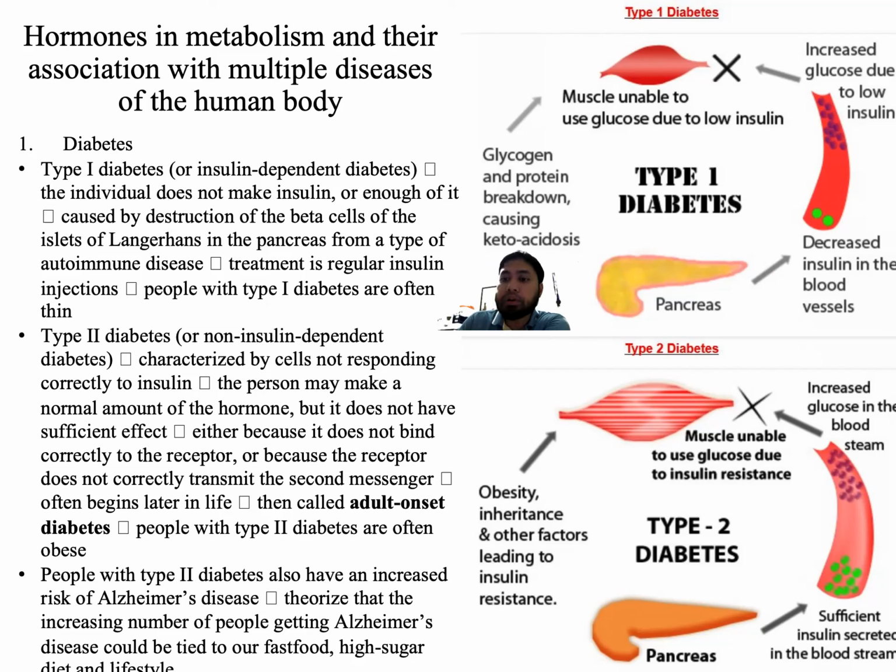They are unable to bind to the receptor. They are not able to be bound onto the insulin receptor. What happens is that, again, the muscle is unable to use the glucose because the insulin is not functional. In other words, we call it insulin resistance.